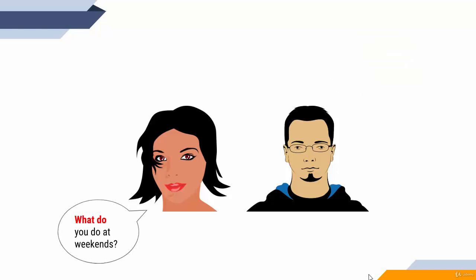What do you do at weekends? See, do you do at weekends? This is the typical structure for present simple. For example, do you do yoga at weekends? And with the question word, what do you do at weekends? You receive the extra information. Most of the times I go to the countryside.